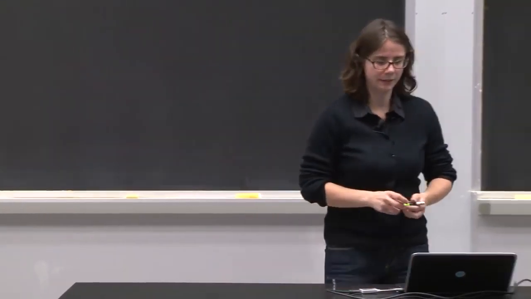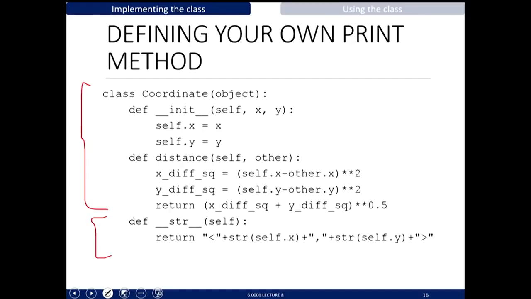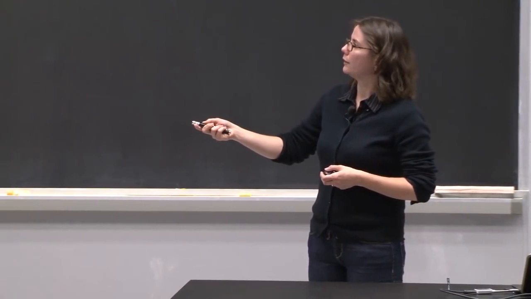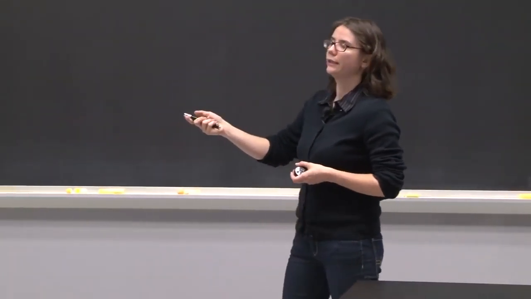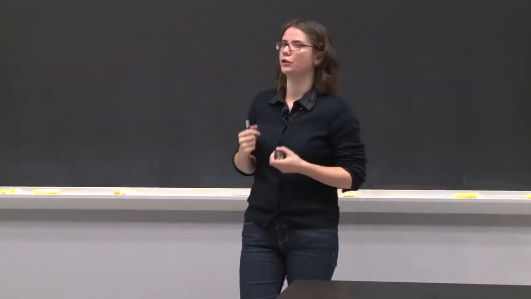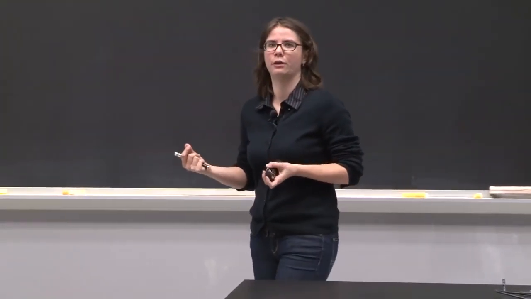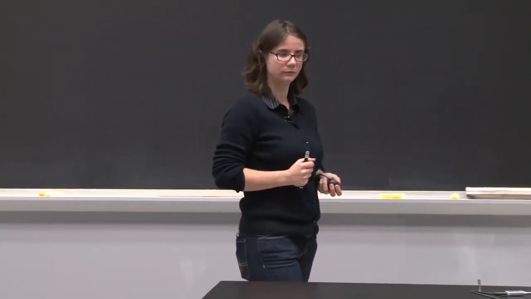All right, so how do we define this? So far, we've defined init and distance, and the last part is going to be new. Let's define this str. __str__ is a method. It's only going to take self because you're just calling print on the object itself. There are no other parameters to it. str has to return a string.